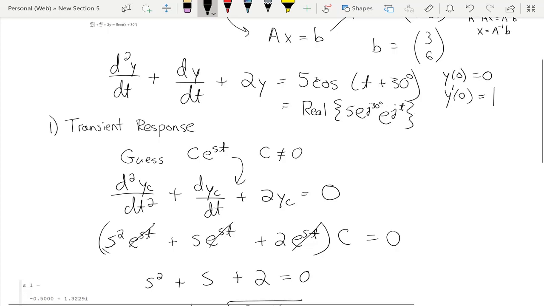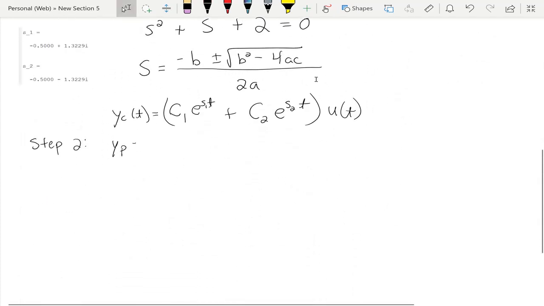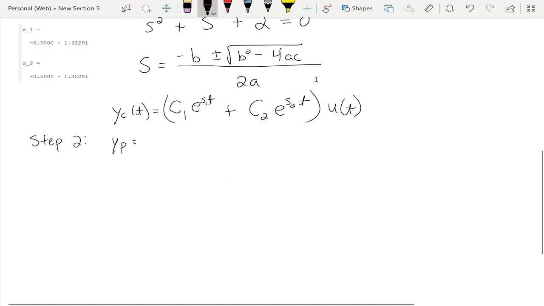So knowing that, what do I guess is my particular solution? I'm going to guess a complex exponential again, but it's got to be the real part of what? In this case, I'm going to say b e to the j phi e to the j t.